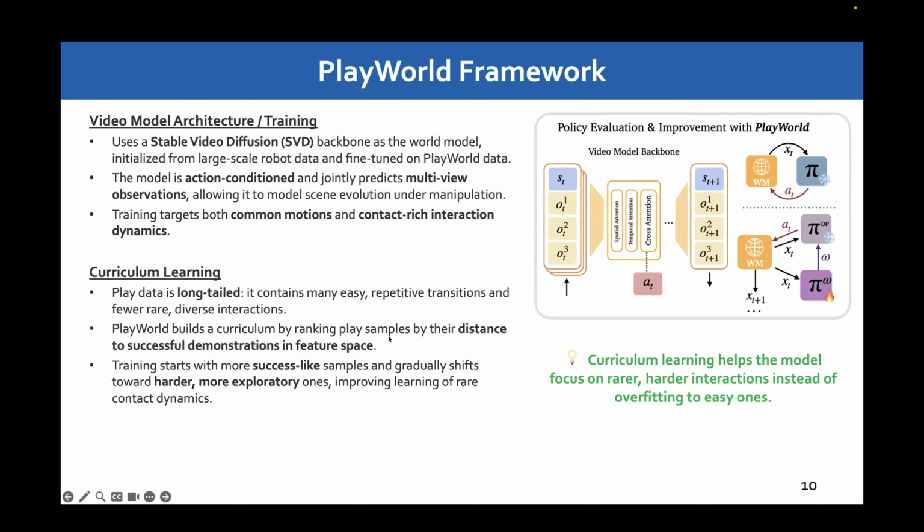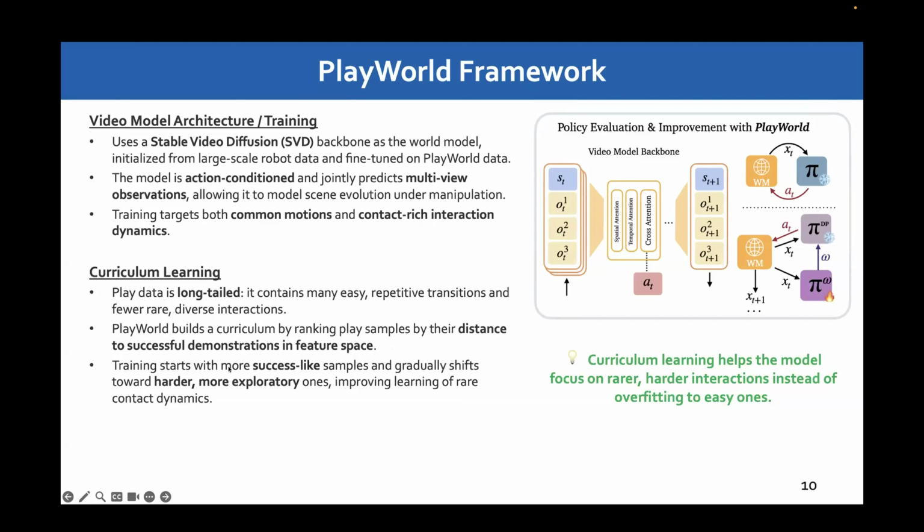And this is because when you use play data, especially one generated by the system, it still contains many easy or maybe repetitive transitions and maybe fewer rare diverse interactions. So there is quite a data imbalance there. So what they do is they implement a simple curriculum by ranking the play samples by the distance to the successful demonstrations.